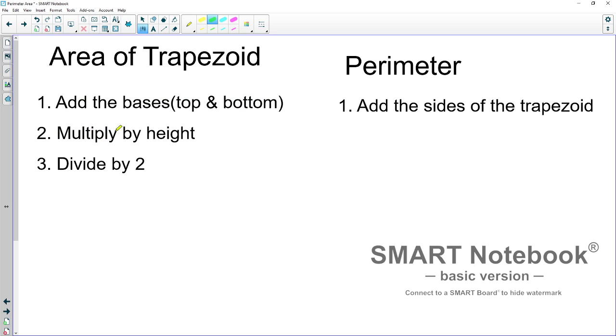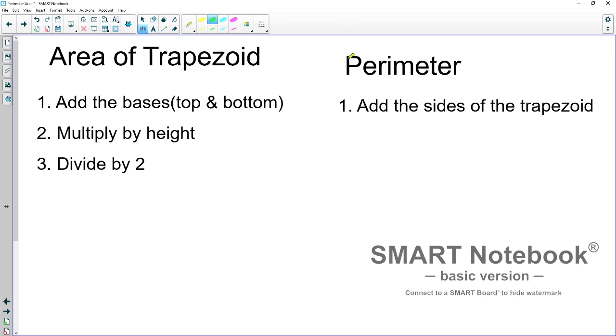Then you multiply by the height. Then you divide by 2. And that's it. I would highly suggest writing this down on your homework sheet. That way you know exactly what to do whenever you draw your figures, okay? You just have to follow these 3 steps.